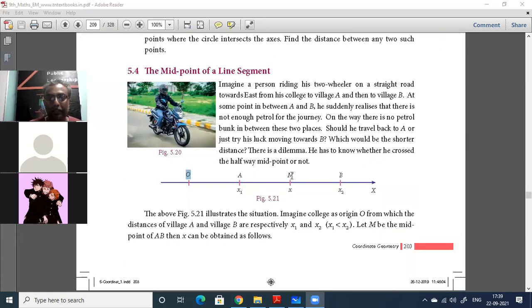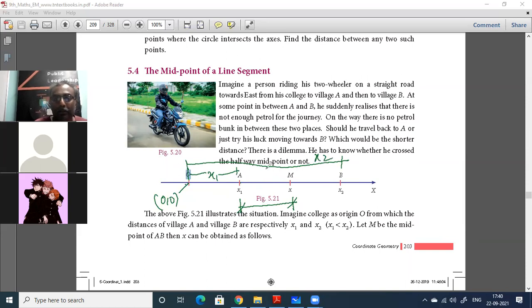See, M is the midpoint means AM equal to MB, correct? That means AM equal to MB. Let us say this is the origin, 0, 0. Now this is point X1, so this distance is X1. Then this distance is X2.